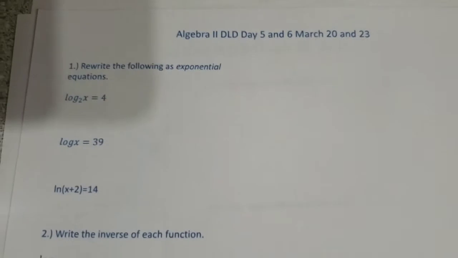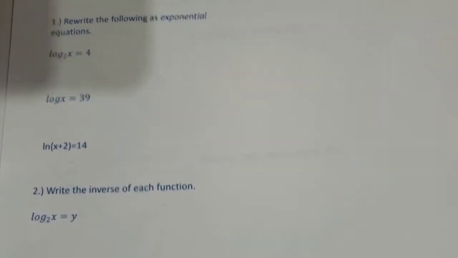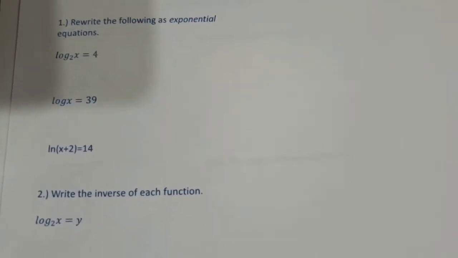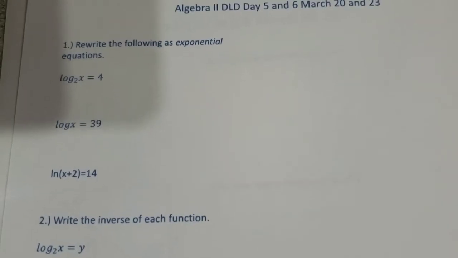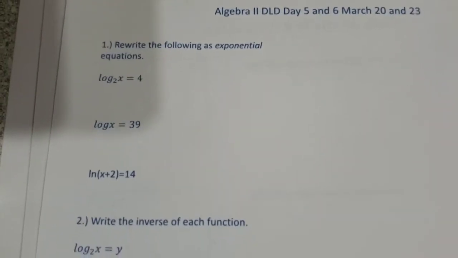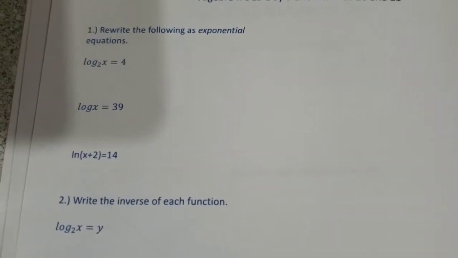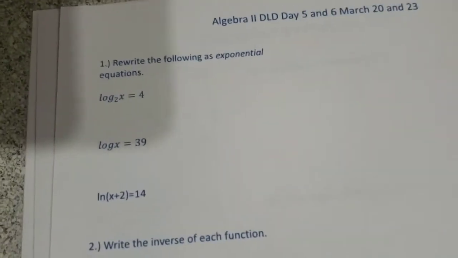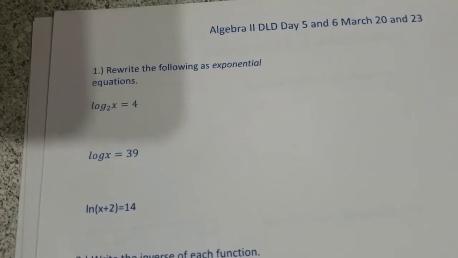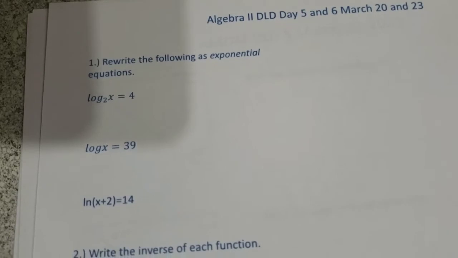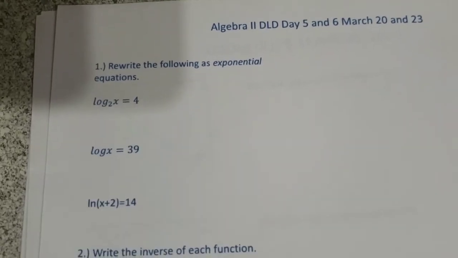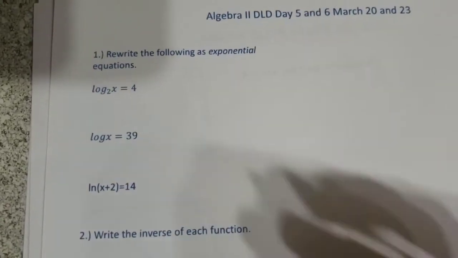All right, so let's jump right in. The first thing we're doing is going back and rewriting logarithmic equations as exponential equations. That doesn't mean evaluate them. We're not looking for a numerical answer. What we're looking for is an exponential equation.